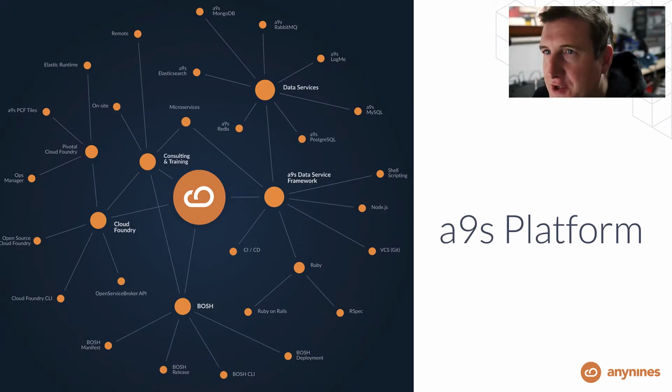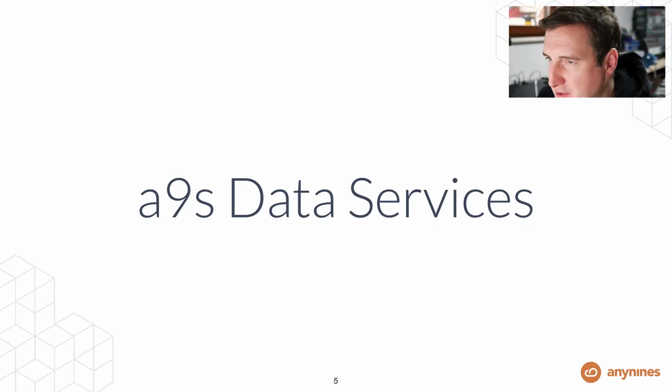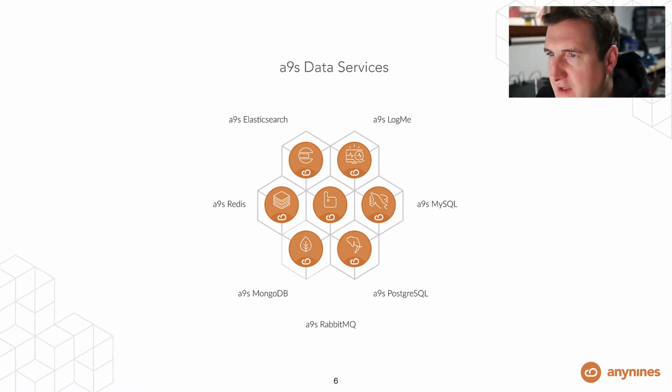As part of that mission, we also have a group of products, managed as well as distribution, including Cloud Foundry, Kubernetes, and data service automation. So the anynines data services is basically the group of automation products that led to the topic of this conversation.